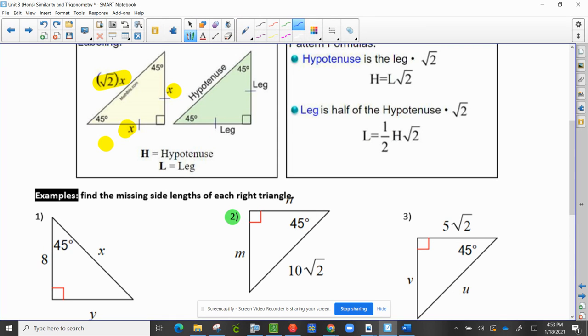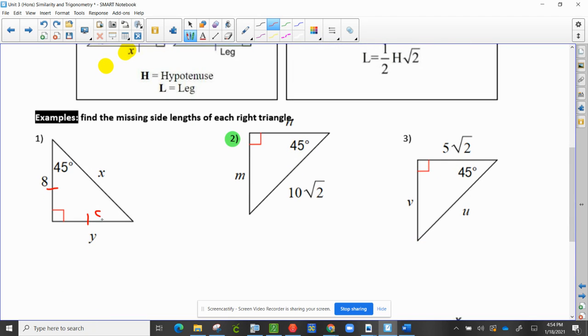If we look at number 1, we have a 45, 45, 90 triangle. The hypotenuse is x, our legs are 8 and y. Now again, in this particular relationship, the legs are congruent. So we know both of those sides are going to be the same. If this leg is 8, so is this one. So y here is equal to 8.